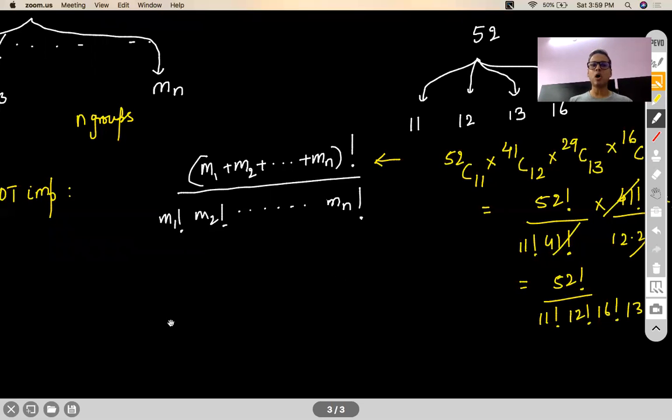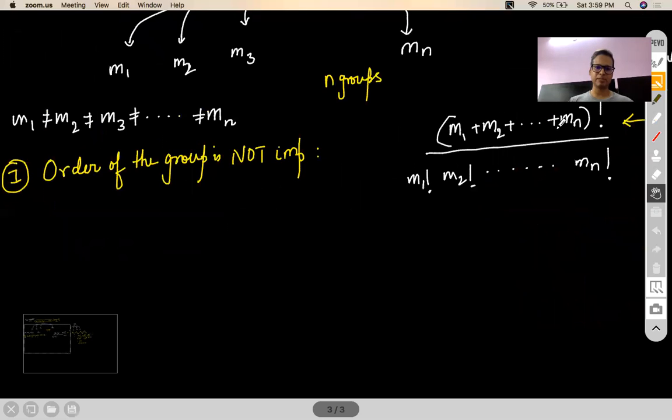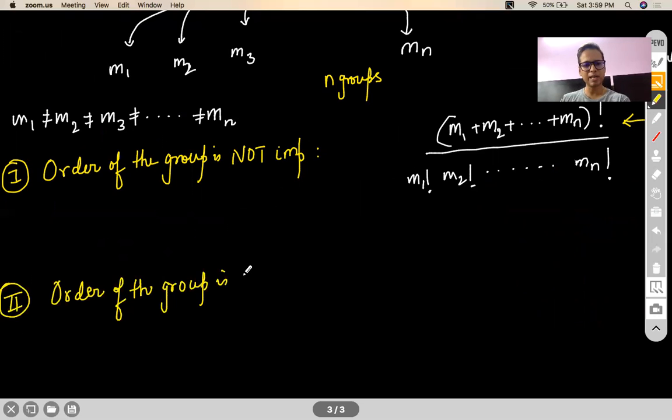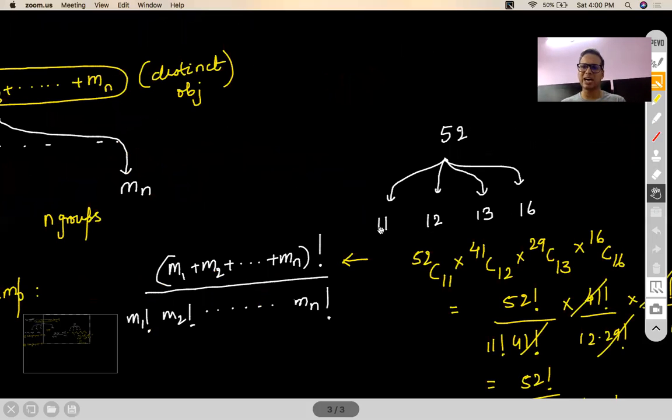Now, if the order of the groups is important, then what happens? Order of the groups being important means, for example, for the same split, let's say you had 11, 12, 13 and 16, and you gave these cards to people, let's say Ram, Shyam, Ghanshyam and Abhiram, who are playing the game.